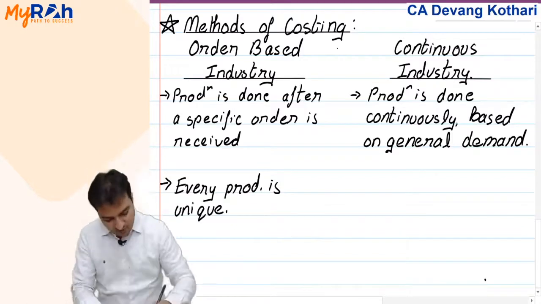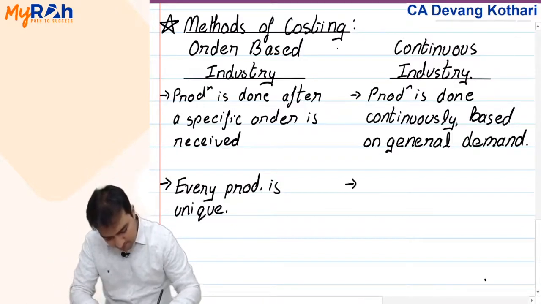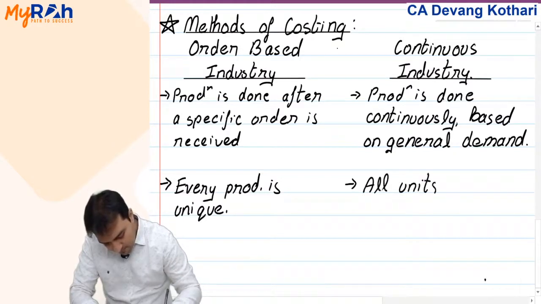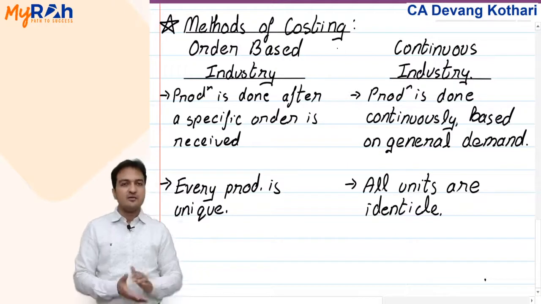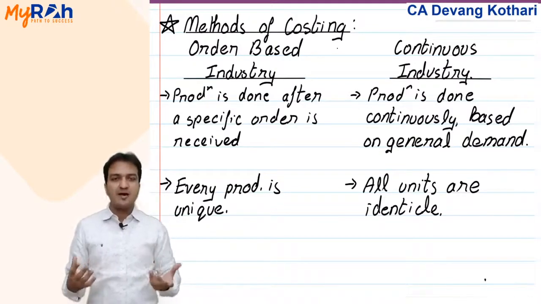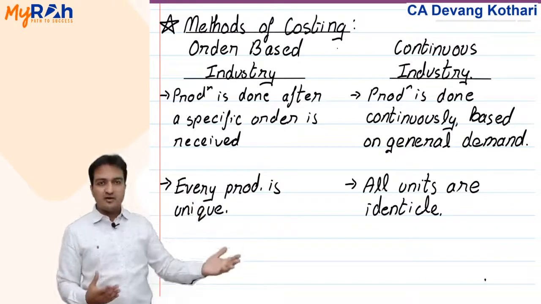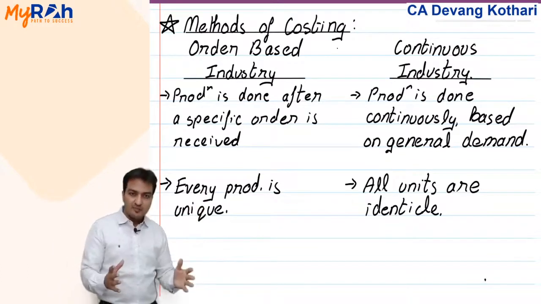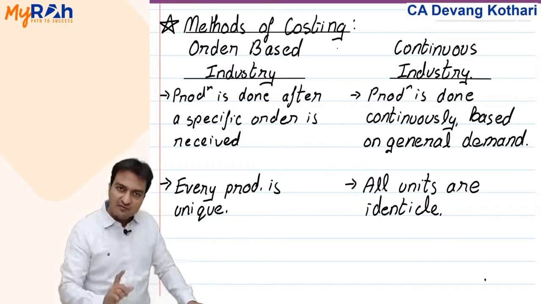While in case of continuous industry, all units are identical. Why? Because all the units are produced by my own design. Say when Manyavar people will make a sherwani, will they make only one sherwani of that design?